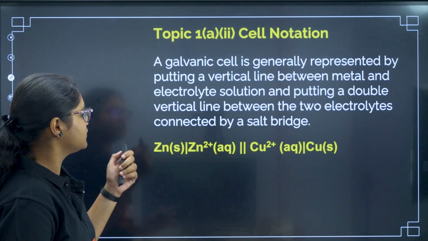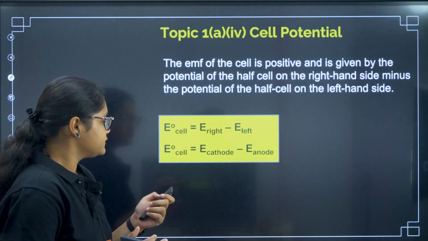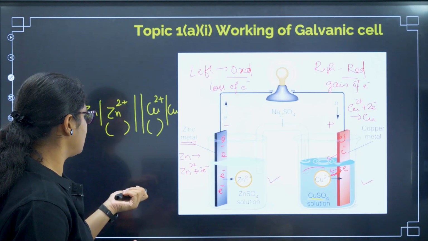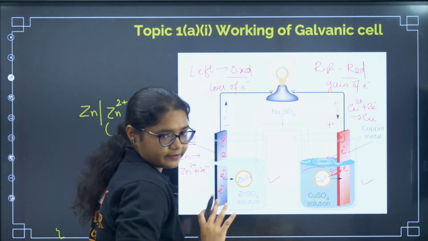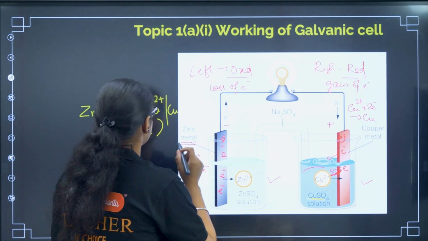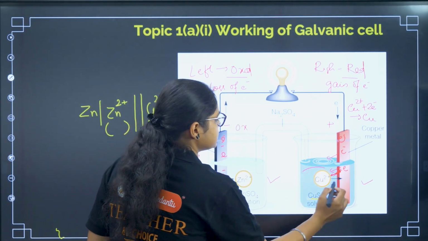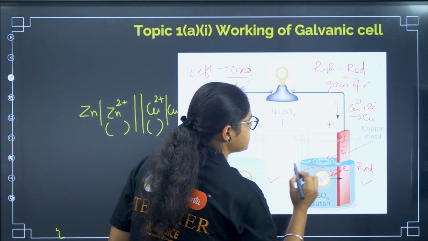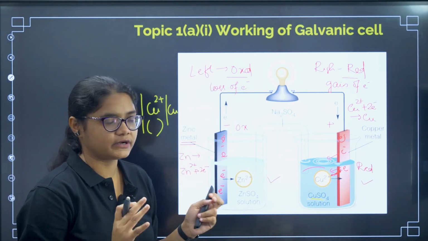Now we will go to the third topic under this, how to calculate the cell potential. Now you see there is some potential generated here and this potential generated here. So the potential generated here is called the oxidation potential, and the potential generated here is called the reduction potential. So what is the EMF of this cell, or what is the voltage of the cell?